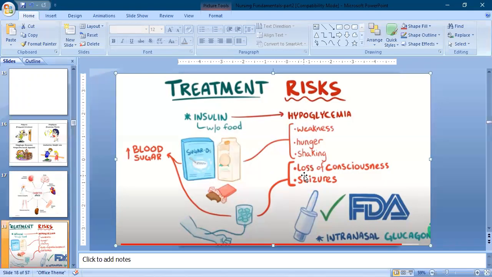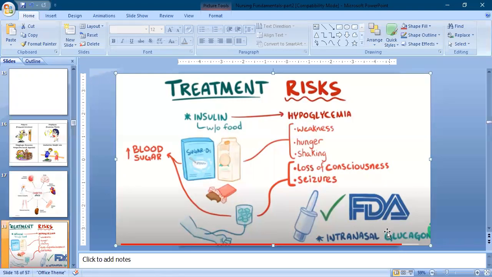If your patient is unconscious, we have to check the level of consciousness. If there is loss of consciousness or the patient is having a seizure, we never give anything by mouth. We administer intramuscular or subcutaneous glucagon.